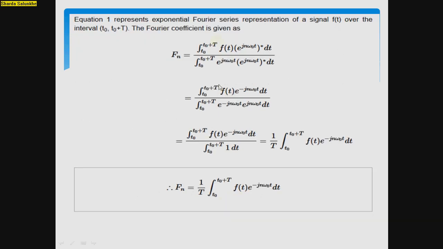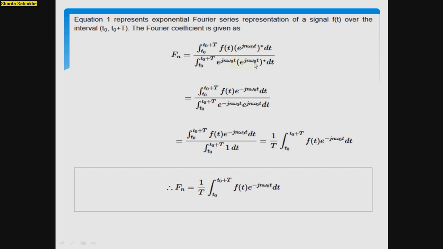Equation 1 represents the exponential Fourier series representation of signal f of t over the period t0 to t0 plus T, and the Fourier coefficient is given as fn equal to the integration over the period of f of t times e raised to j n omega 0 t, where the asterisk sign is the complex conjugate, dt, divided by the integration over the period of e raised to j n omega 0 t times e raised to j n omega 0 t dt.